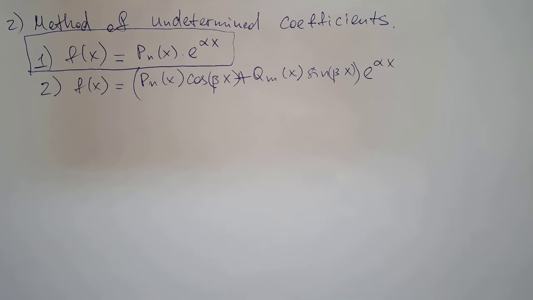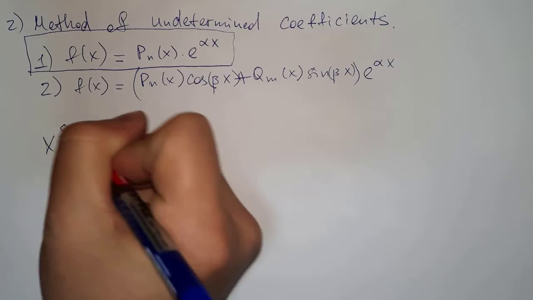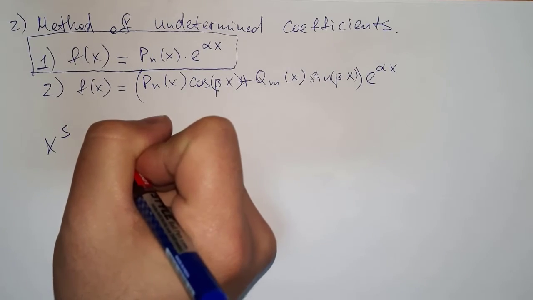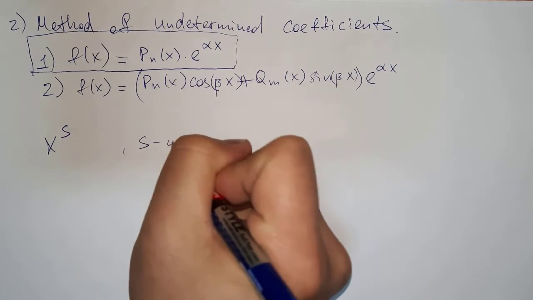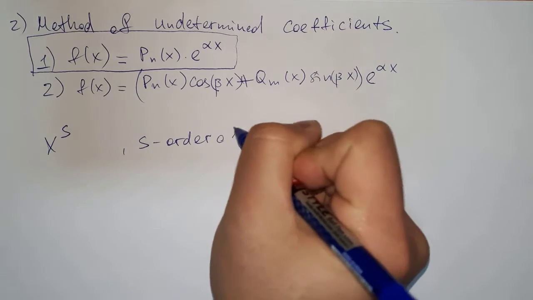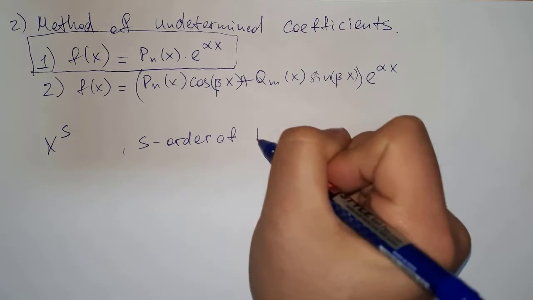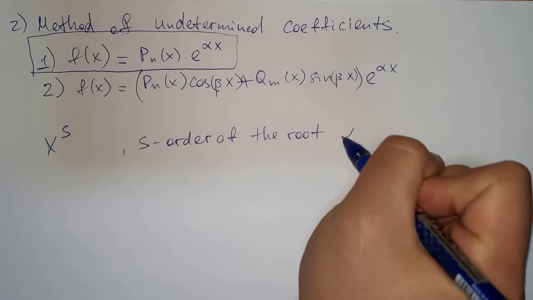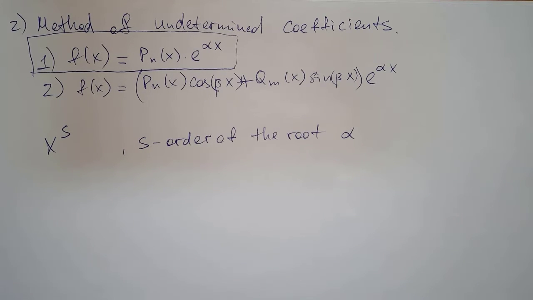In this case, if the power alpha of the exponential function coincides with a root of the characteristic equation, the particular solution will contain the additional factor x to the power of s, where s is the order of the root alpha in the characteristic equation.